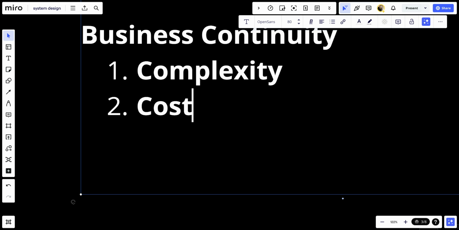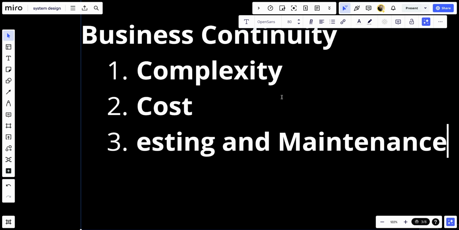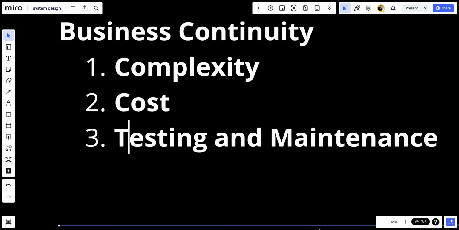Number two, cost. High availability solutions often require additional hardware, software, and infrastructure, which can be costly. Maintenance and operational costs may also be higher. And three, testing and maintenance.